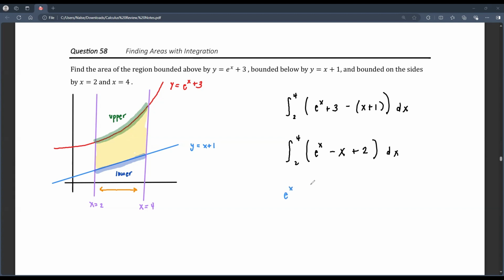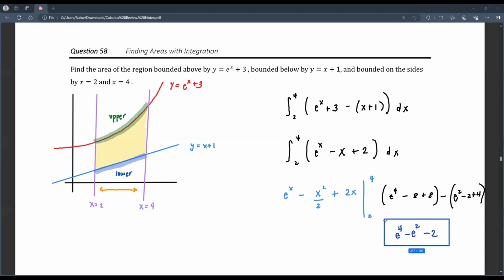The antiderivative is e to the x minus x squared over 2 plus 2x. Plug in the upper and lower bounds into this rule to then perform an upper minus lower calculation. The result is e to the fourth minus e squared minus 2, which is the area of the shaded region.